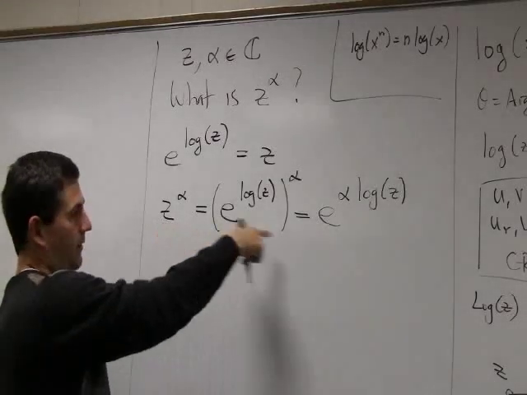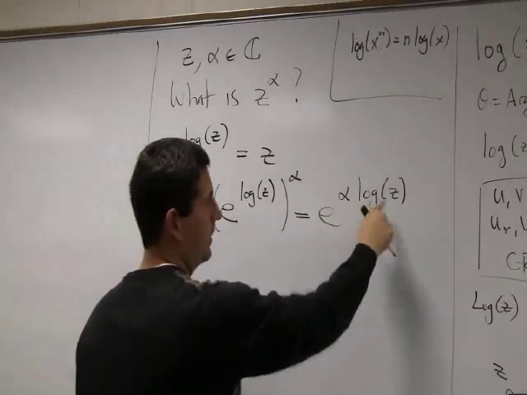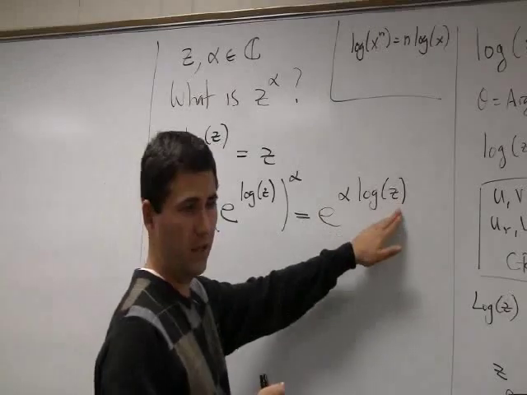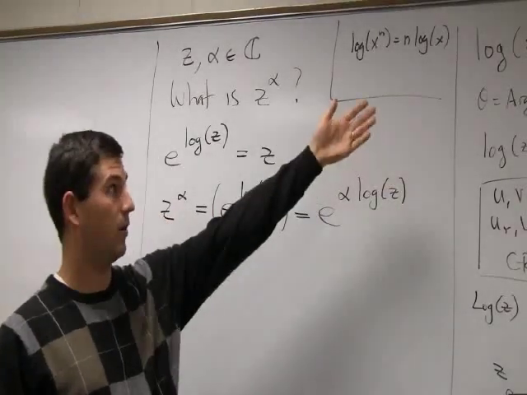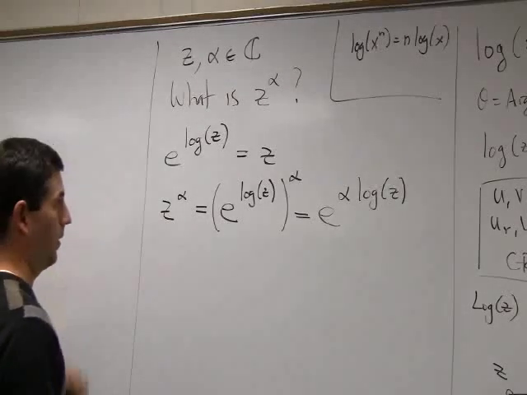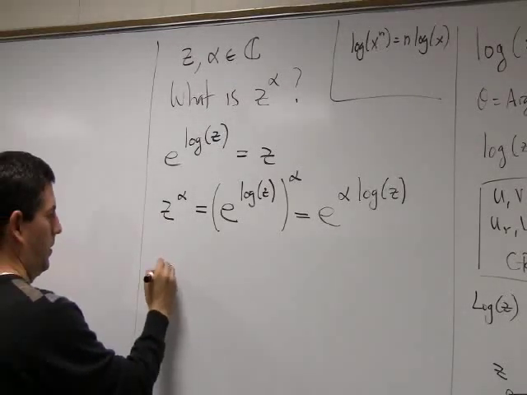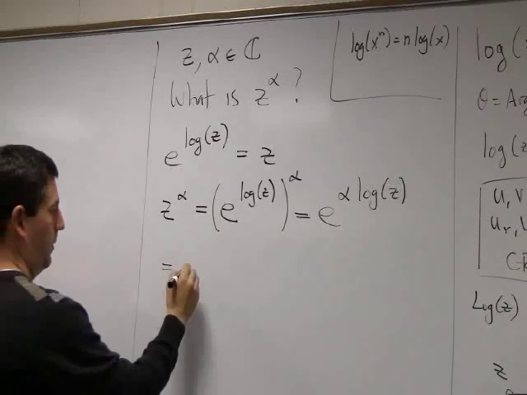Okay, so here we have a perfectly reasonable way of writing down z to the alpha. It's e to the alpha times log of z. And we know what log of z is. That's already been defined. And notice this is lowercase log. So we can write this further.